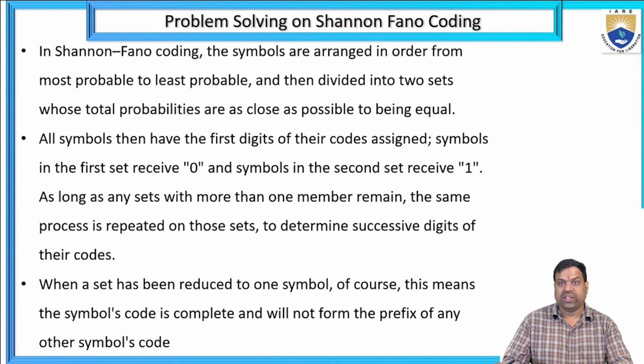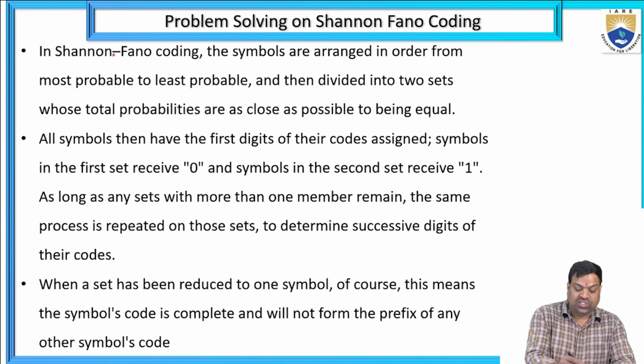As long as any sets with more than one member remain, the same process is repeated on the sets to determine successive digits of the codes. When a set has been reduced to one symbol, this means the symbol's code is complete and will not form the prefix of any other symbol's code.